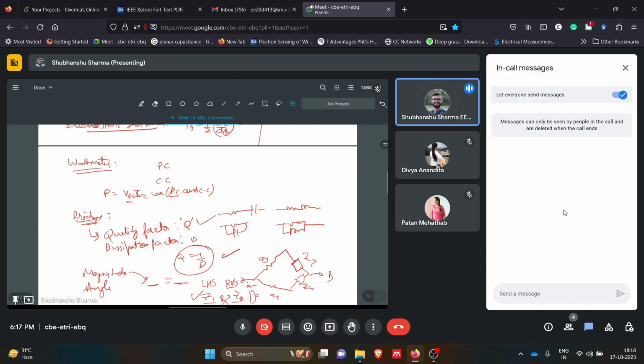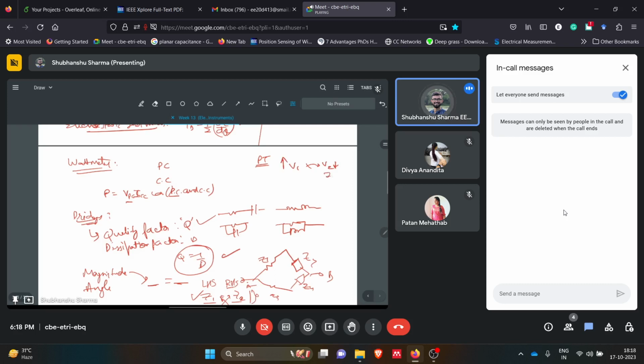Then we talked about CTs, current transformers and potential transformers, and how they were used. In potential transformers, we drop the voltage. So V2 is less, V1 is high.